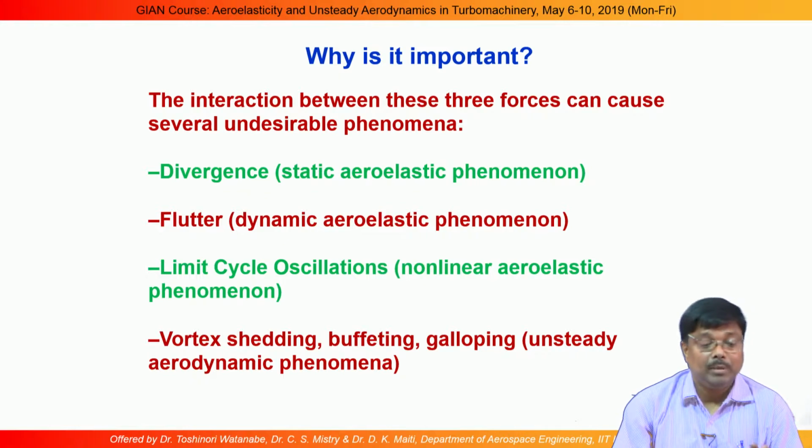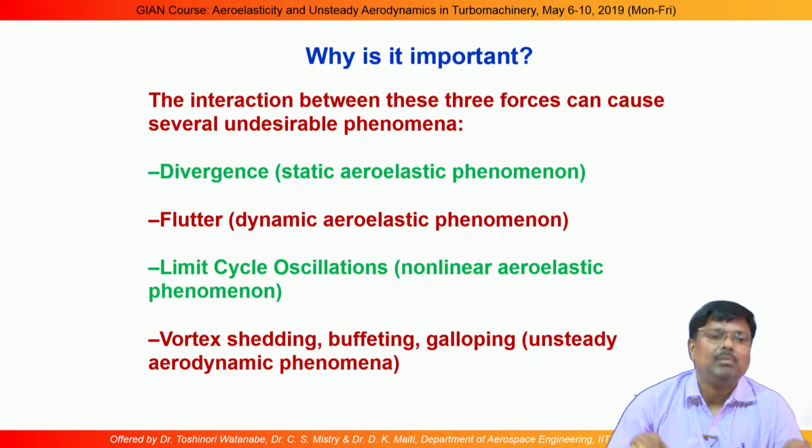That is why the design is such that the divergence speed is far beyond the flight envelope, so it is not that critical. But flutter is very critical. Flutter may come within the design envelope.